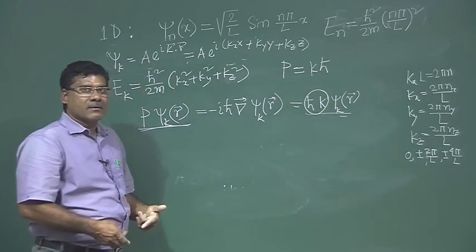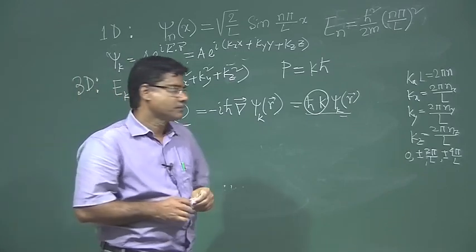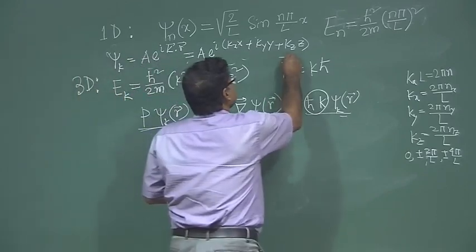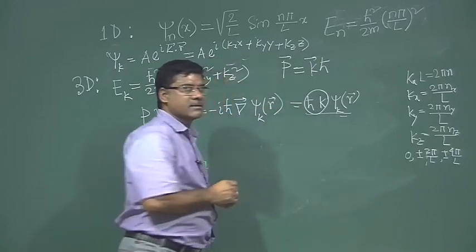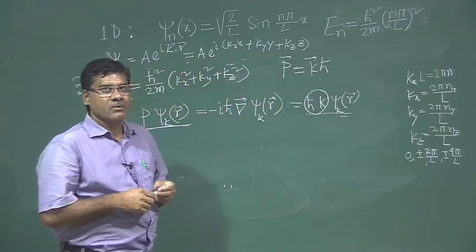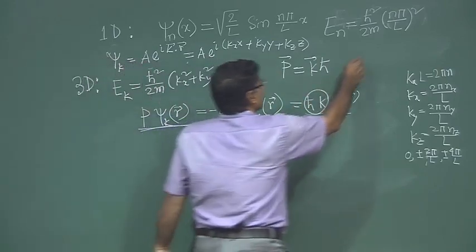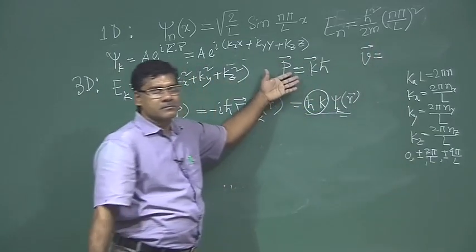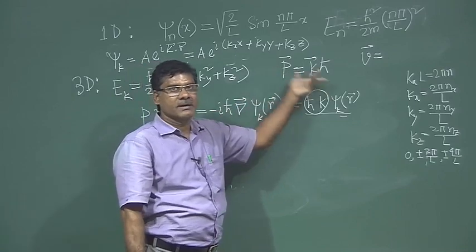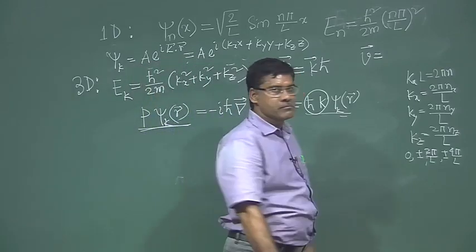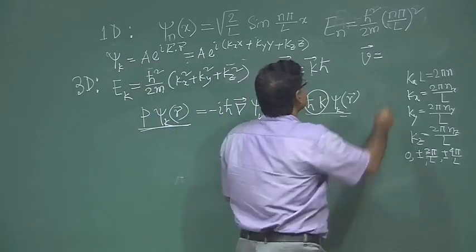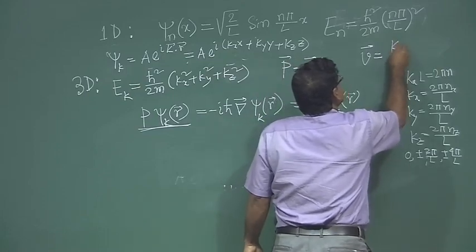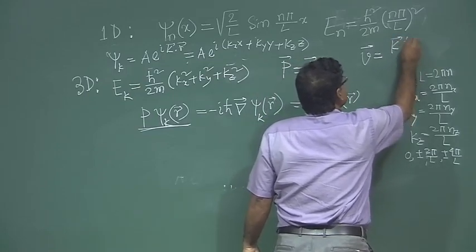Momentum one can write this way also. If you want to get velocity, velocity is momentum by m. So, velocity will be k h cross by m.